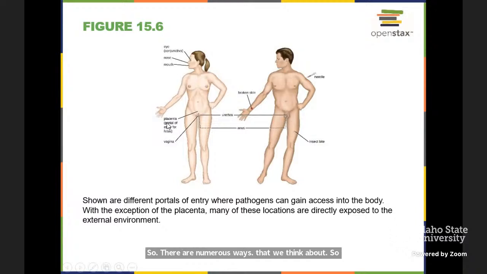When we're thinking about the unborn child, there are potentials for organisms to cross the placenta and cause infection. Not everything, but some can. So vagina, urethra, the anus, broken skin. The skin is an awesome barrier to the outside world and provides really our first line of defense against all sorts of things that may like to take hold.